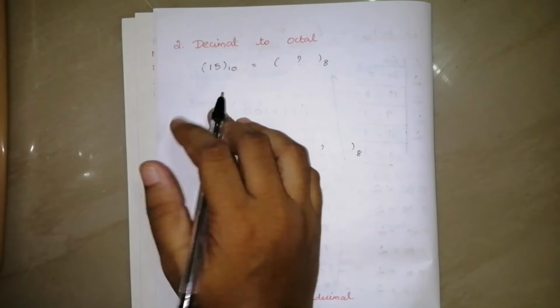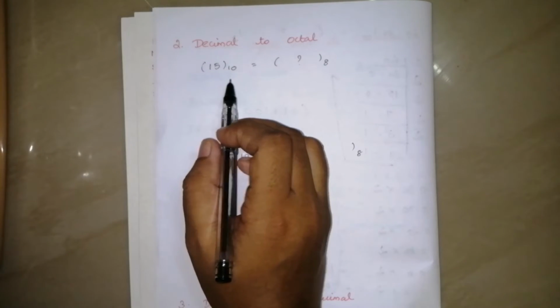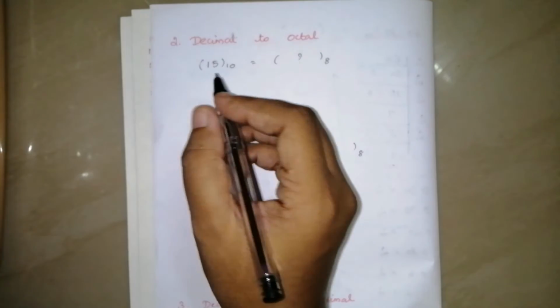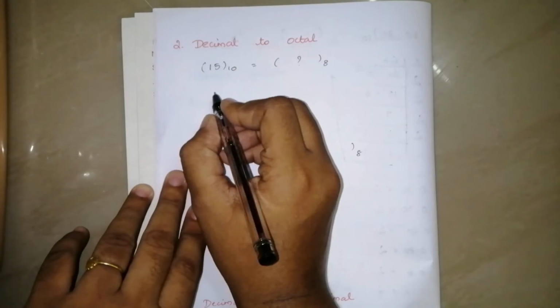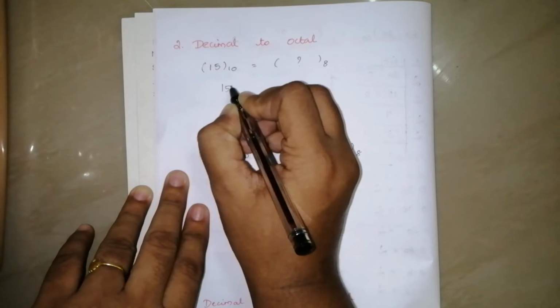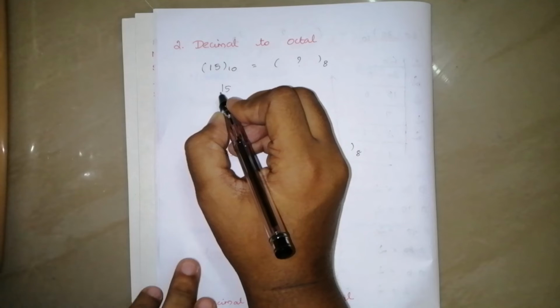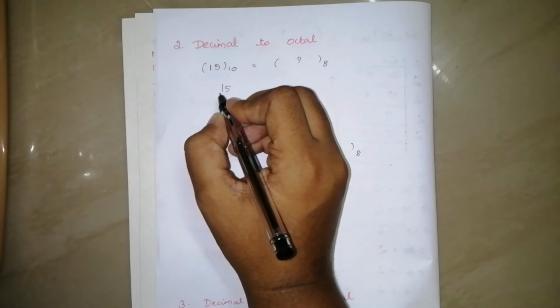Now we will discuss decimal to octal number system conversion. Consider the number 15 of 10. We have to find the octal equivalent of the decimal number. First write 15. Here also we follow a similar process to decimal to binary. There we used 2, since 2 is the base of binary.